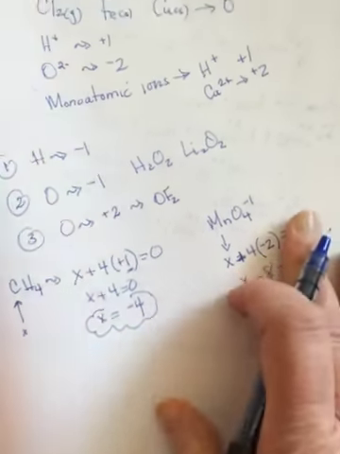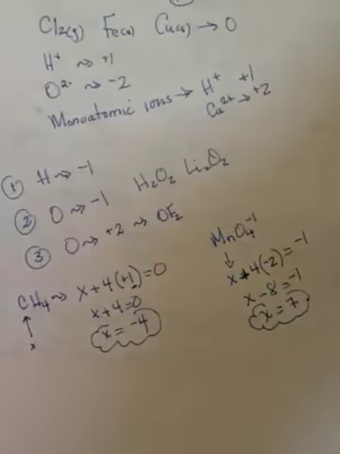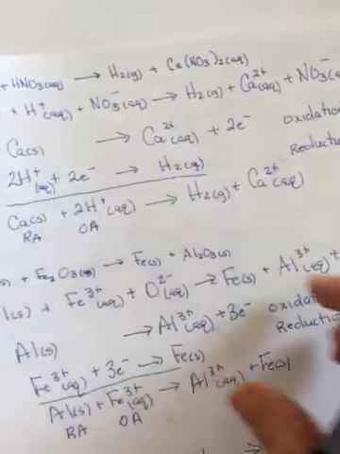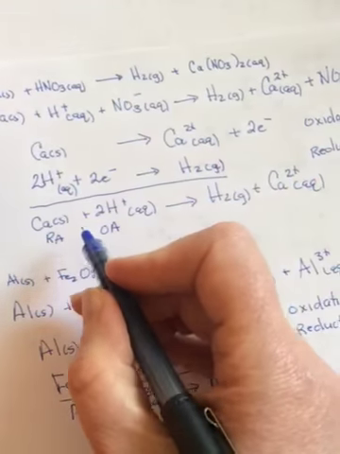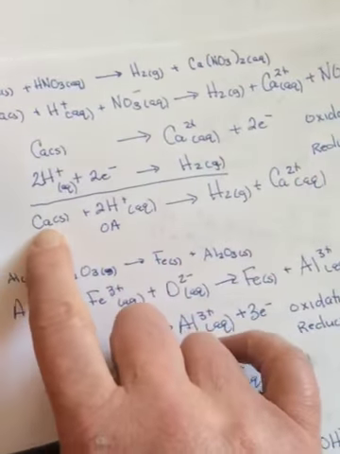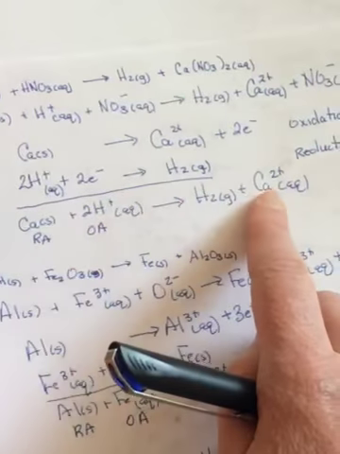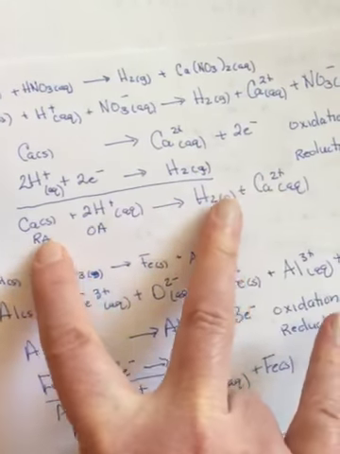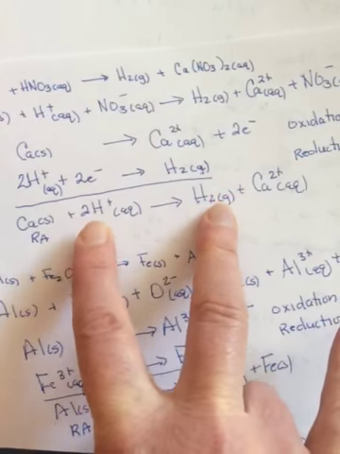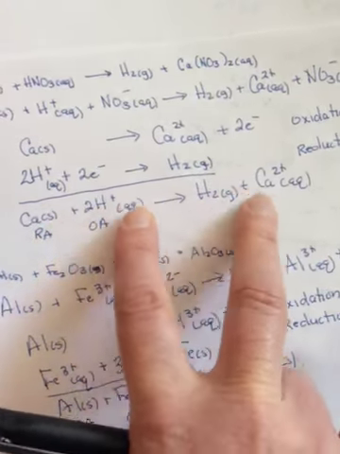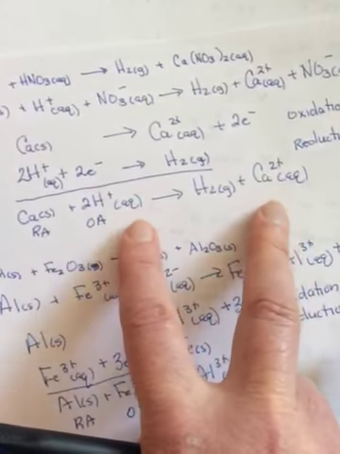Back on an earlier sheet, Ca would be 0, and now it's 2 positive. So it's changed, which means there's a redox reaction happening here. It's the same thing as saying the charge changed.